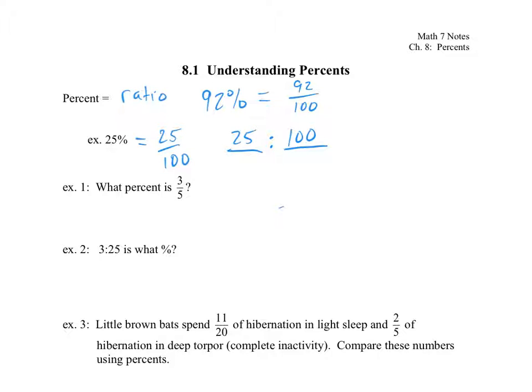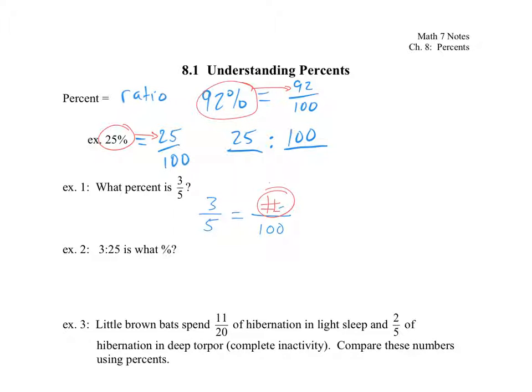Do you agree that when we had this 25%, that was this number up above 100? Or 92%, that's the number above 100? So if we take the 3/5 and we're trying to figure out the percent, do you agree we need this number right up here?